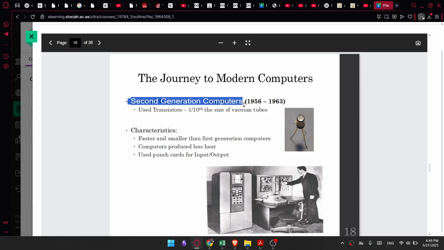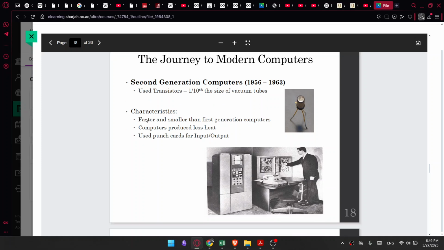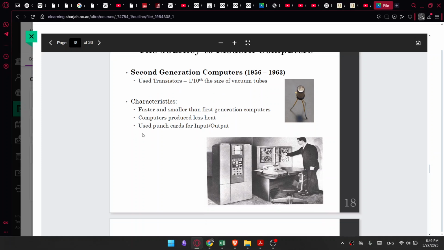Second generation was between 1956 and 1963, and used transistors, one tenth the size of vacuum tubes. The characteristics: faster and smaller than first generation computers, produced less heat, and used punch cards for input and output.